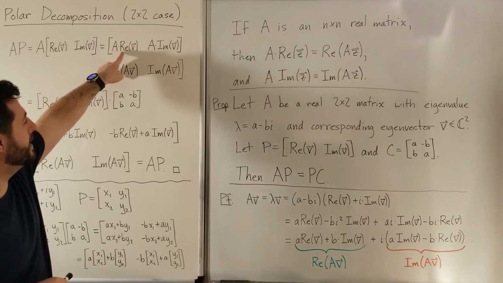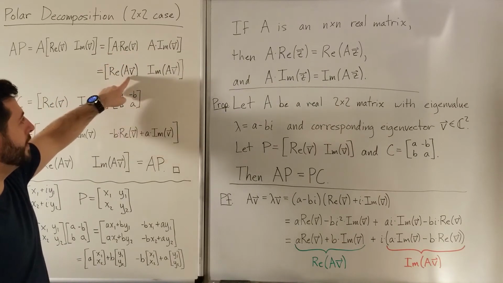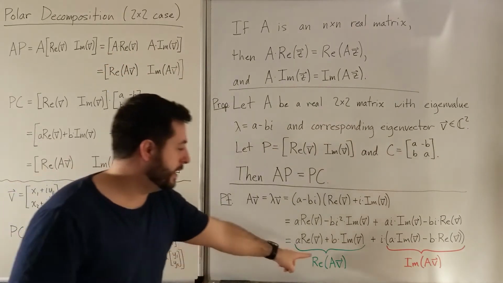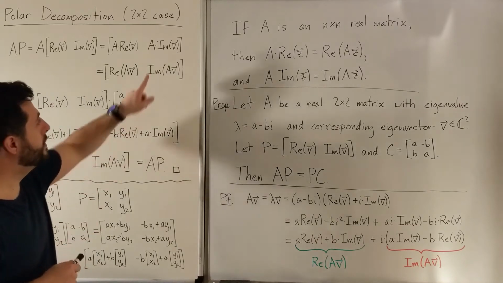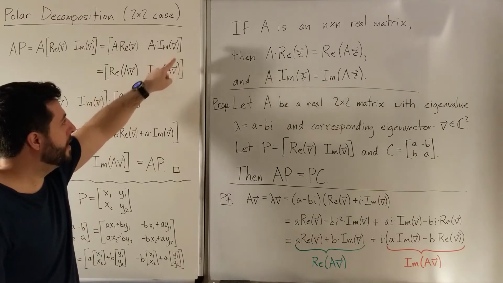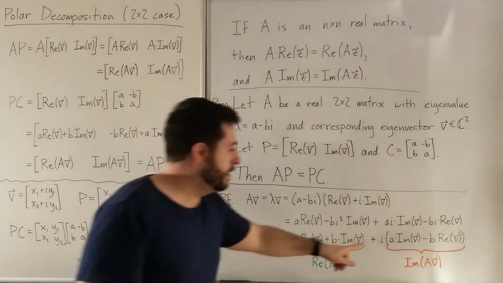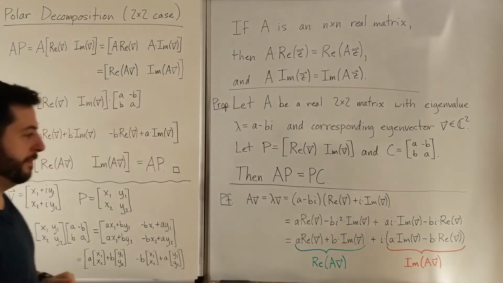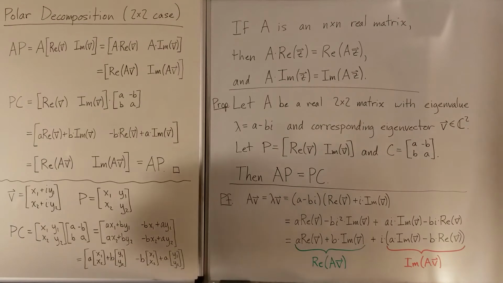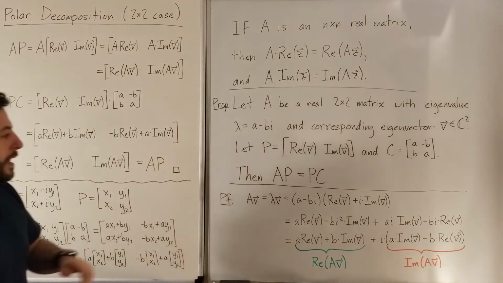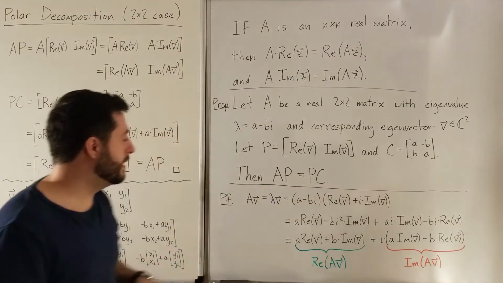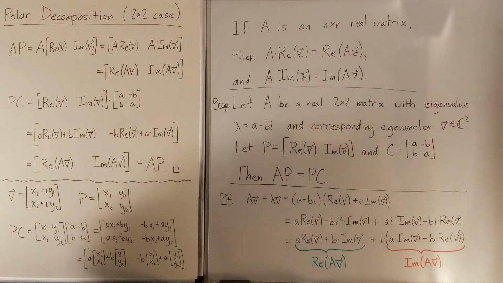So I can replace A times the real part of v with the real part of Av, which we just calculated down here. Same thing over here, A times the imaginary part of the vector is the imaginary part of A times the vector, which is this right here. Okay, so that's AP.